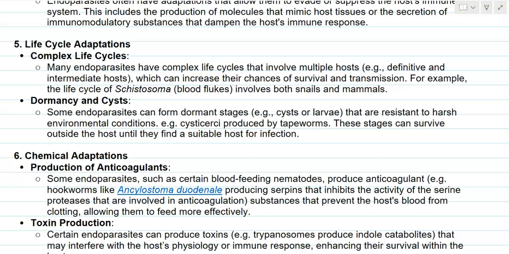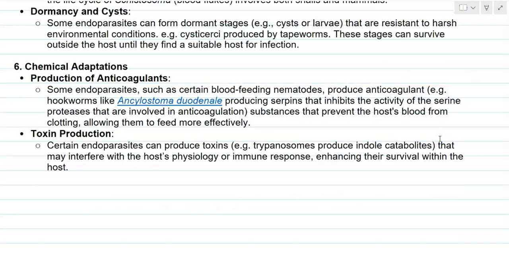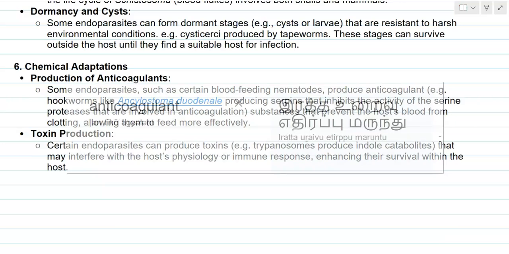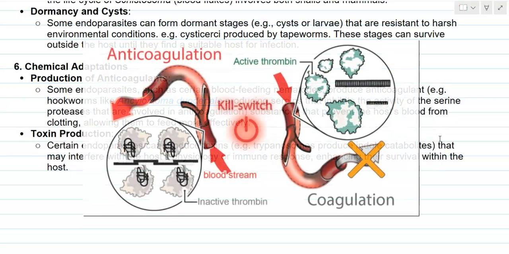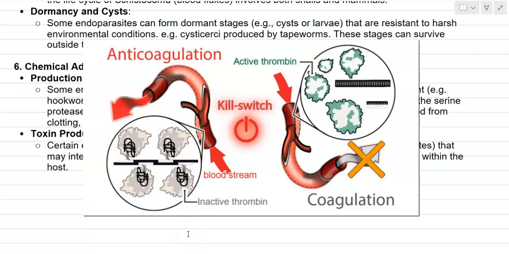develop the disease. The last one is the chemical adaptations carried out by these worms, which include the production of anticoagulants. Some endoparasites, such as certain blood-sucking nematodes, are able to produce anticoagulants. You already know what an anticoagulant is: it prevents the formation of blood clots.